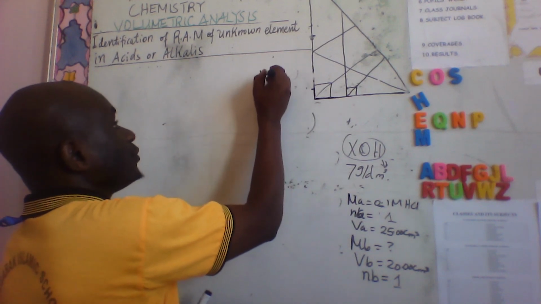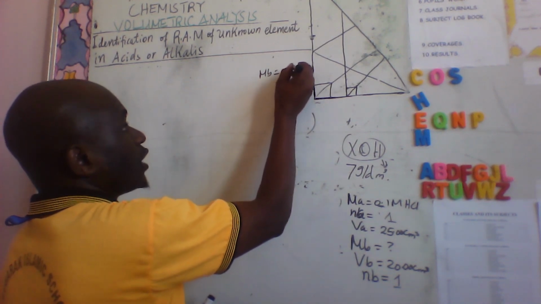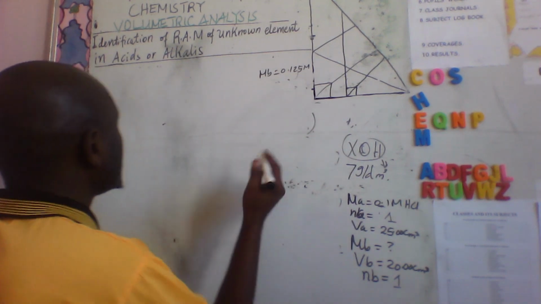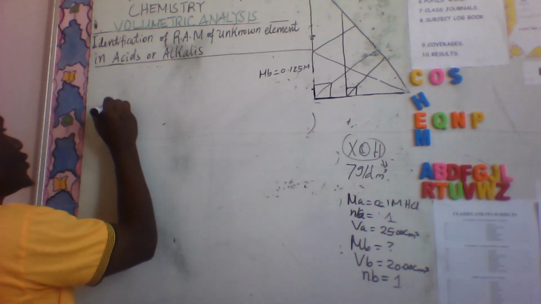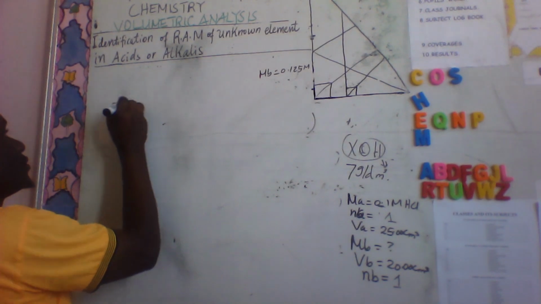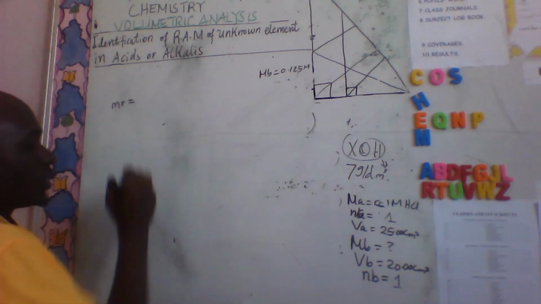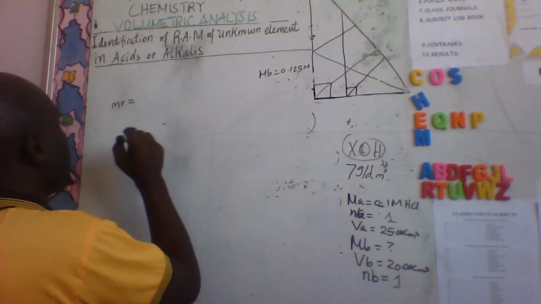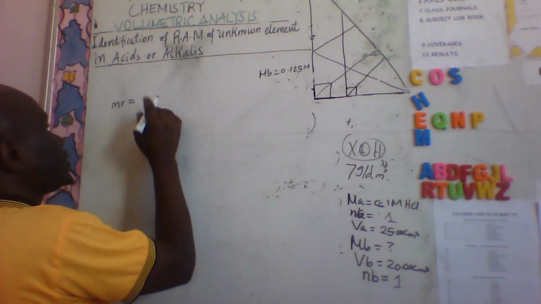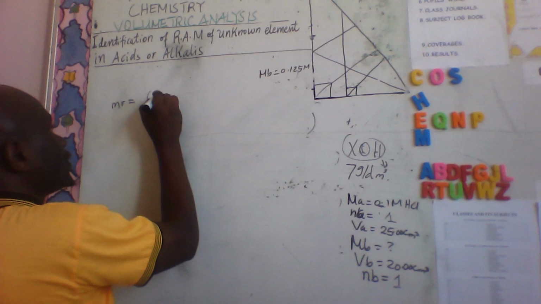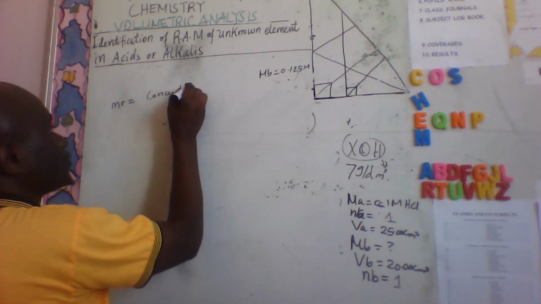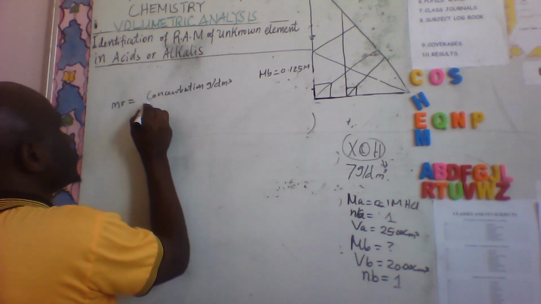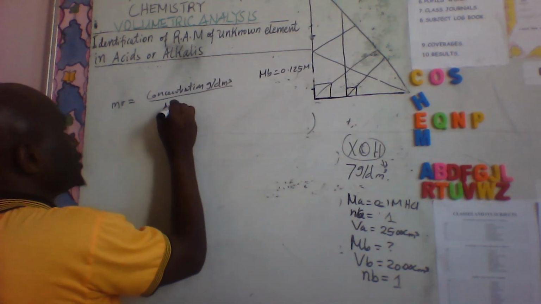So the molarity of base is equal to 0.125 M, or mole per decimeter cube. Recall that molar mass is equal to concentration in gram per decimeter cube over molarity.